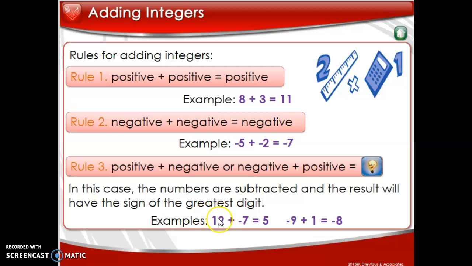For example, if I have 12 plus negative 7, make a subtraction, it is 5. But it has the sign of the 12 because it's the greatest absolute value. And then if I have negative 9 plus 1, we make a subtraction, but the result is negative because 9 is the greatest absolute value.